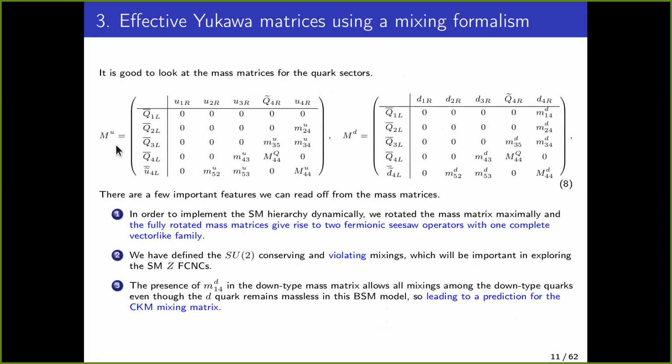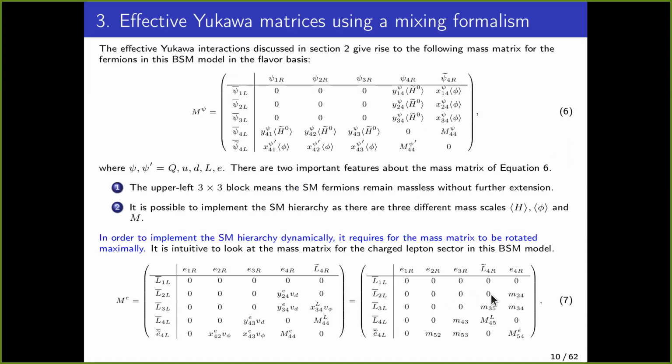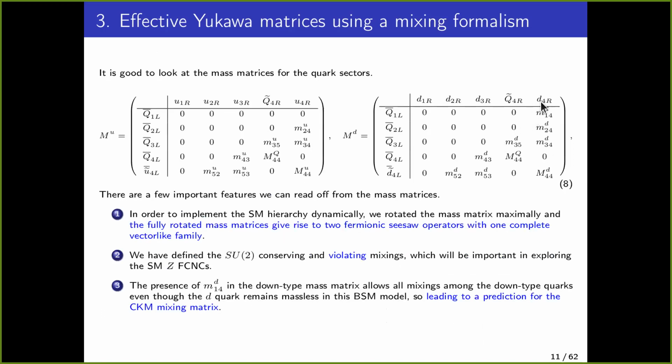For the up-type sector and the down-type sector, we approach in the same way. But there is one important difference between the up-type mass matrix and the down-type mass matrix. The charged lepton mass matrix has exactly the same form as the up-type Higgs mass matrix, whereas the down-type Higgs has one additional Yukawa term, because this term cannot be banished.